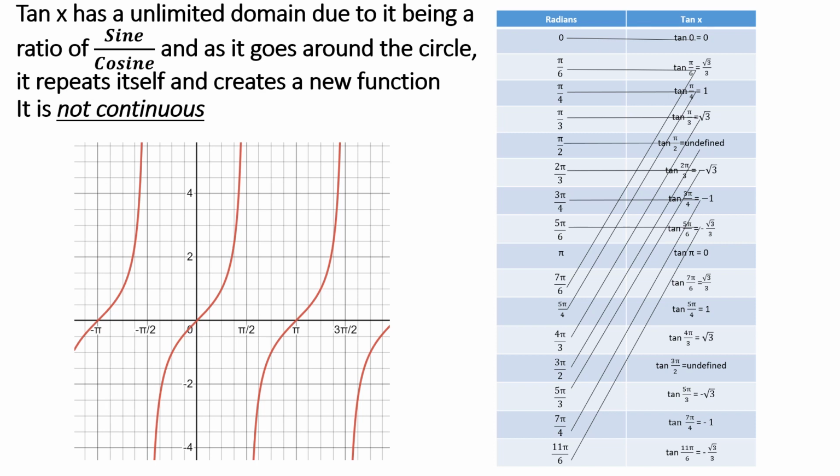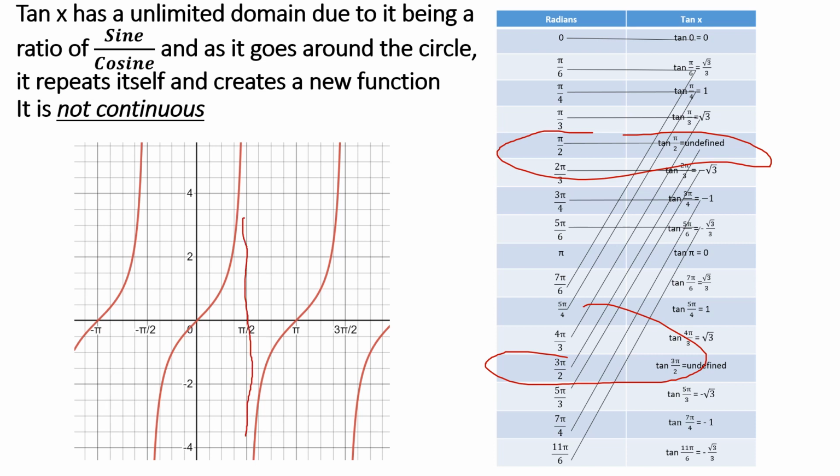And we get this unique graph because it can never be at the undefined area right here and right here. And here's pi over 2. There's an asymptote there. And here's 3 pi over 2. And if we go around the circle, it'd be negative pi over 2. And keep going to negative 3 pi over 2 would be out here. So we keep getting this because of that. From 90 degrees to 270 degrees, it cannot exist.